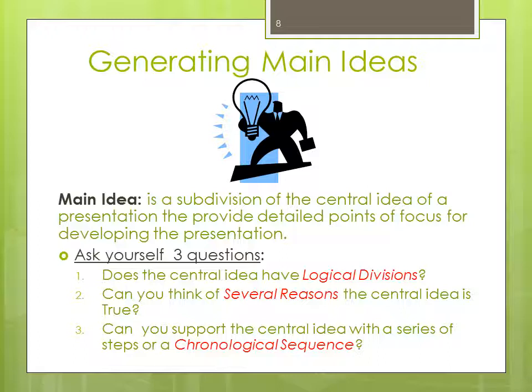The third question you want to ask yourself, can you support a central idea with several reasons, several steps, or chronological sequences? This can be organized by arranging things one after another in time. For example, if you chronologically sequence war histories, you can organize them by year.